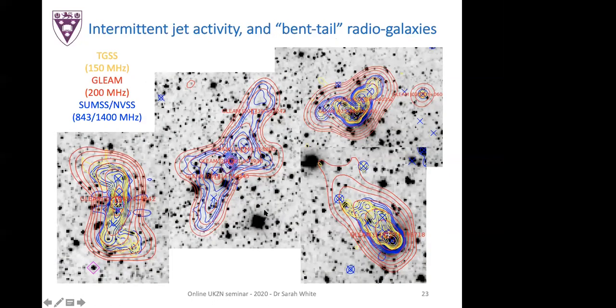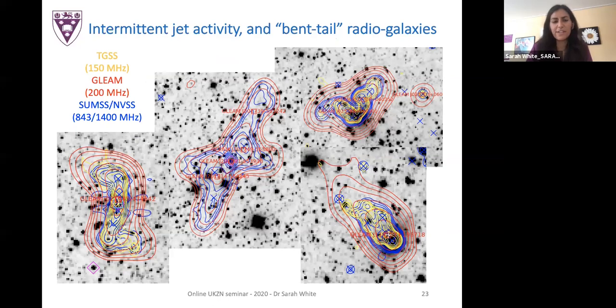And here are just a few examples of more unusual radio sources in the GLEAM-4Jansky sample. Because we are observing the entire southern sky, we can pick up rare sources such as these much more easily. So on the left, we have an S or Z-shaped source, which I'll come back to on the next slide.